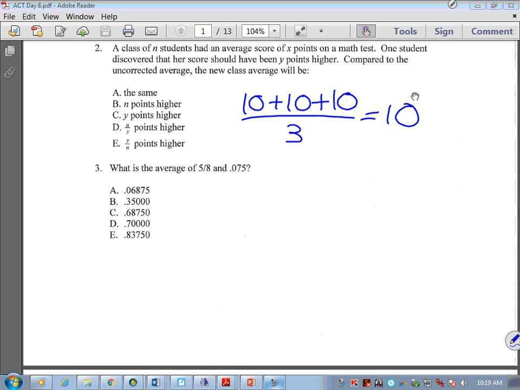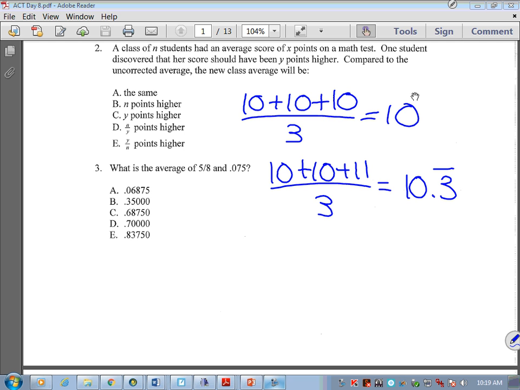But one student discovered that her score should have been y points higher. Again, we don't want to overcomplicate it, so let's say that her score, instead of a 10, should have been an 11. Now, we're still going to find the average the same way. We're just going to get a different average. What's 10 plus 10 plus 11 divided by 3? 10 and 1/3, or 10.3 repeating. 10 and 1/3 would be the same thing.